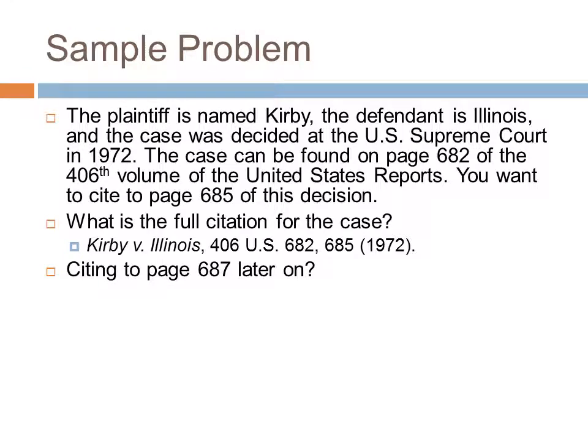Now, what if later on in the memo, after many intervening cites to other cases, you want to cite to the case again, only this time you want to cite to page 687? In this situation, you would write Kirby, the name of the first party, followed by a non-italicized comma, the volume and reporter, and at 687, which would be the pin site.